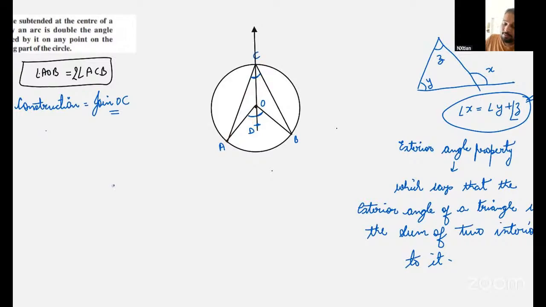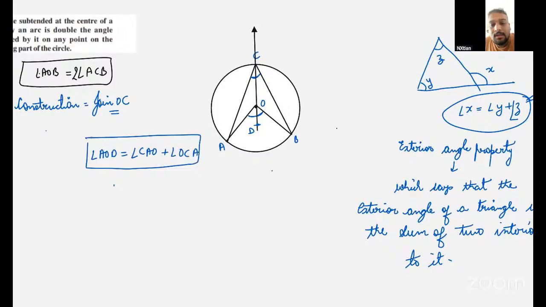So I can write it down: angle AOD is equal to angle CAO plus angle OCA.